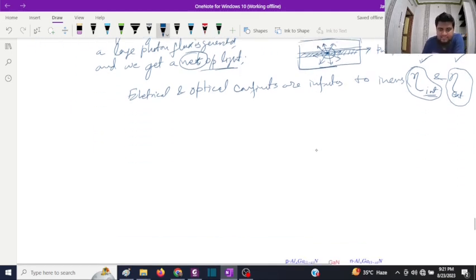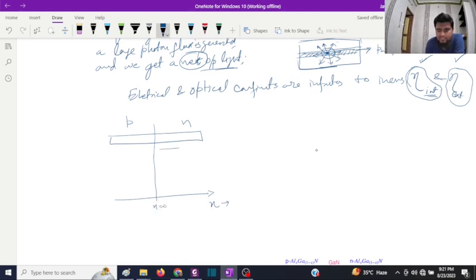As in the case of LEDs, I have talked about, if you look at the P side or N side, and you plot the carrier concentrations as a function of X, you will find that carrier concentrations are quite high for electrons, and then it goes to a particular level, and then it exponentially decreases in the p side.